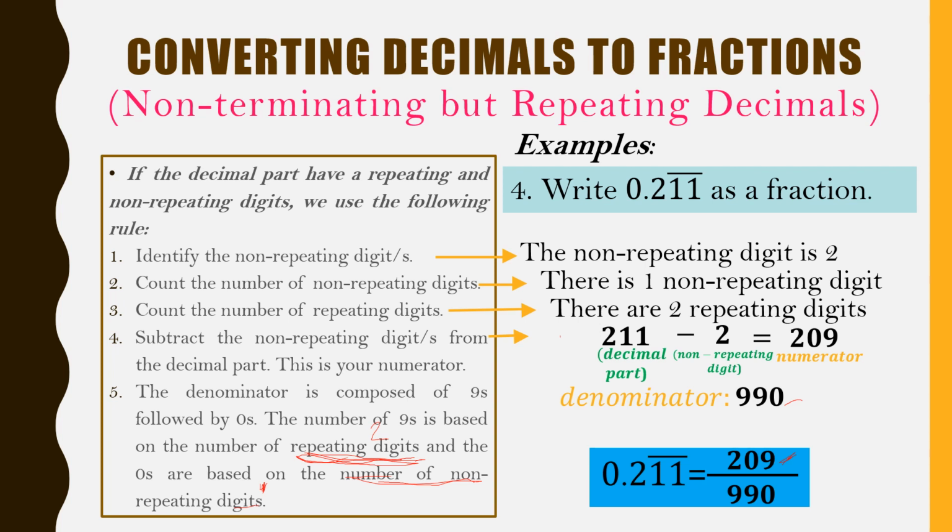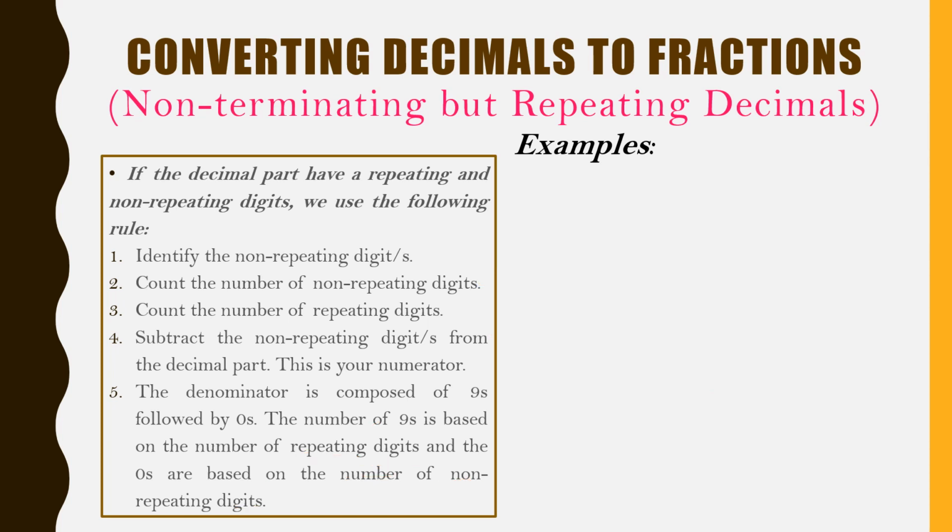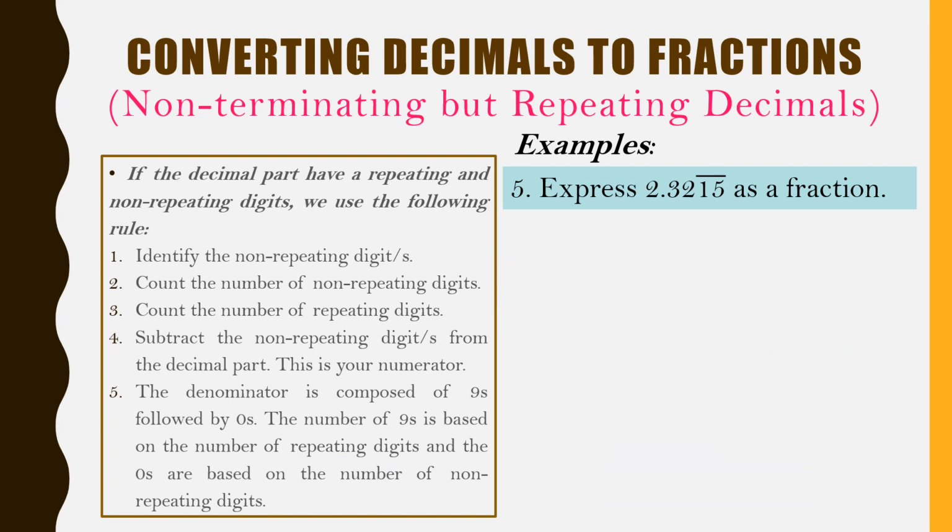Let's have another example. For example number 5, we are going to express 2.3215 as a fraction, wherein 15 here is the repeating decimals. So again, for step 1, we identify the non-repeating digits, which are 3 and 2. So we have 32.